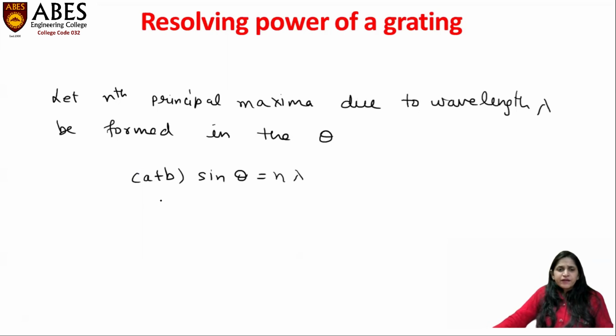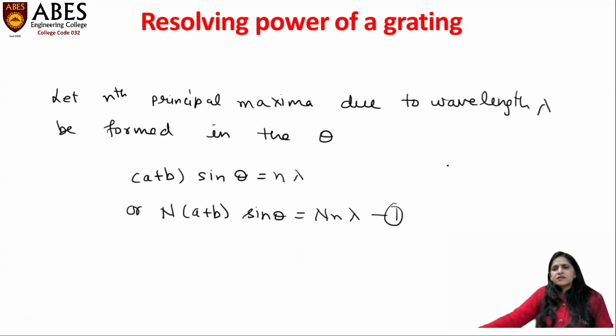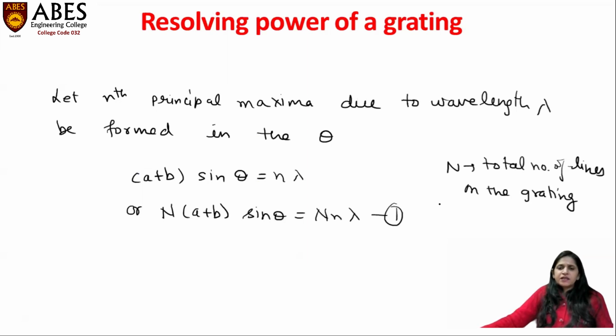Or if we multiply by capital N on both sides, then it will be N (a plus b) sine theta is equal to N n lambda, equation number 1, where N is the total number of lines on the grating surface, and a plus b is the grating element.